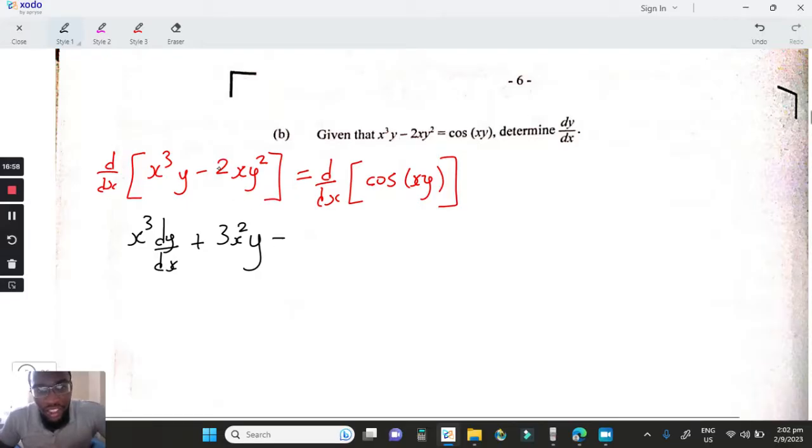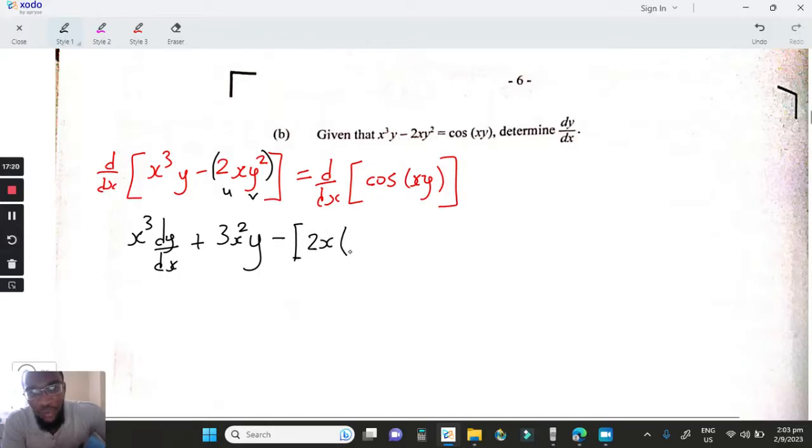Minus, let's differentiate now this as a product, the 2xy squared. Look at 2x as u and y squared as v. I'm putting a bracket because of course there's a minus in front of it, so you have to bracket this. Keep the first, which is 2x, times the derivative of the second.